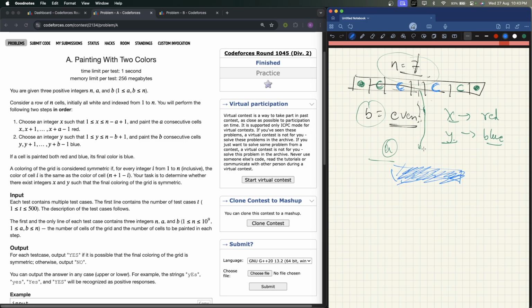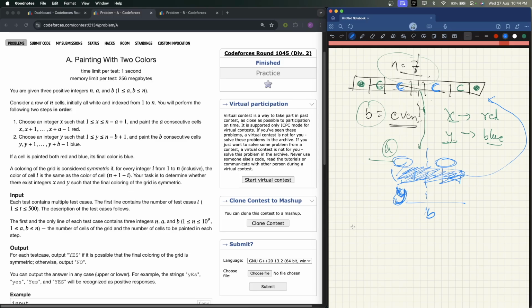If you choose some y here for the blue of length b, then the number of cells on the right side and left side should be equal, and can be set in this n cells only if the parities of b and n are equal.